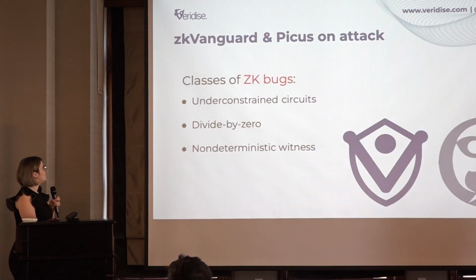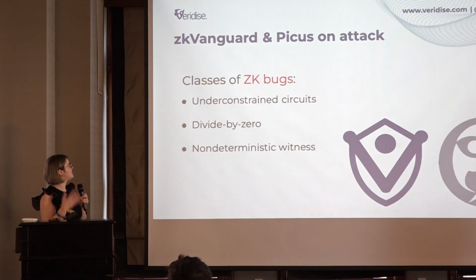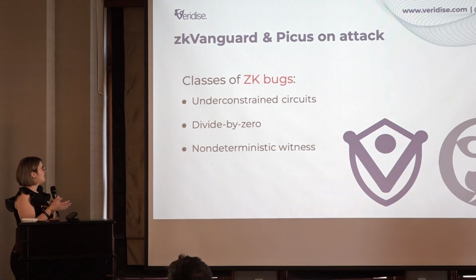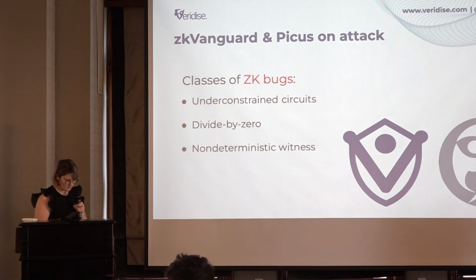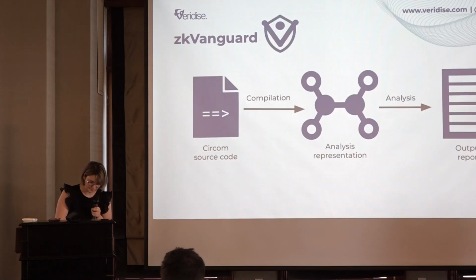All right, so next we will be talking about ZK Vanguard and PyCus and discuss some classes of ZK bugs that they can detect. So we will talk about under-constrained circuits, divide by zero, and non-deterministic witness, and we will explain what each of these classes of bugs mean.